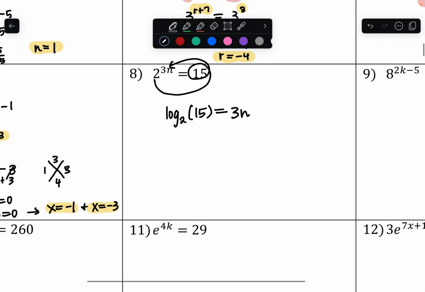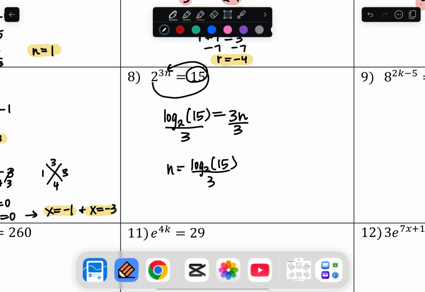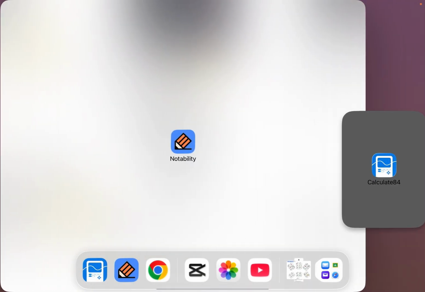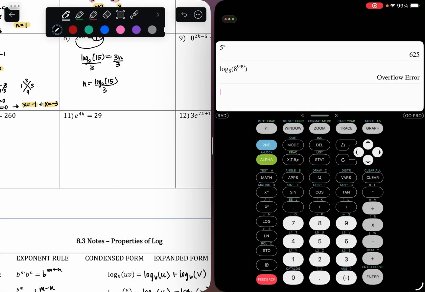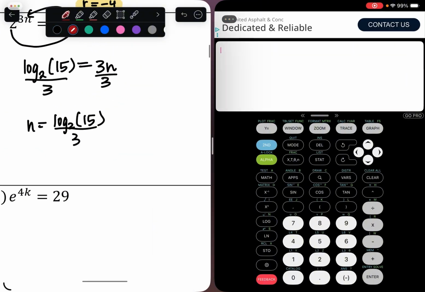Okay, and remember, we're still trying to solve for n, so we need to divide by 3. And so sometimes on a non-calculator, they would just leave your answer in terms of log, which I've seen on the SAT. If you do want to get the calculator approximation, if you have an updated TI-84, you have a button for log, but that's common log.